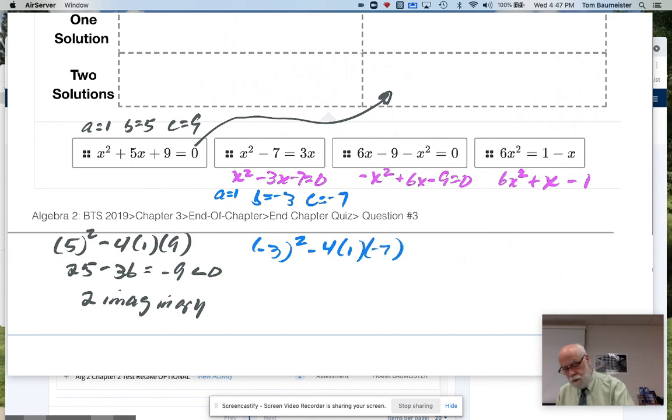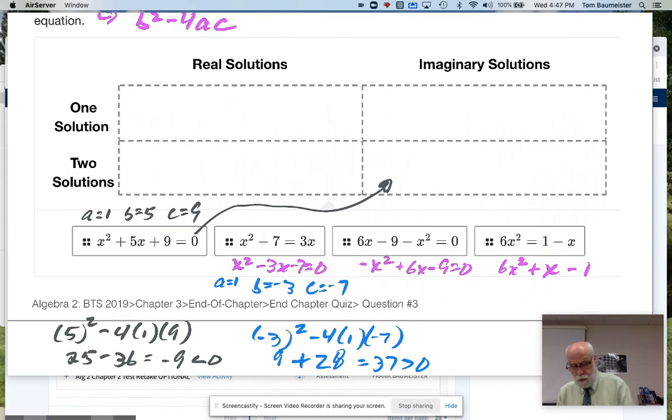All right, so that'll give us 9. Negative times a negative is a positive, so we'll have plus 28. And again, that equals 37. Or you could have realized it was greater than 0 at the beginning. So that one will give us 2 real solutions.